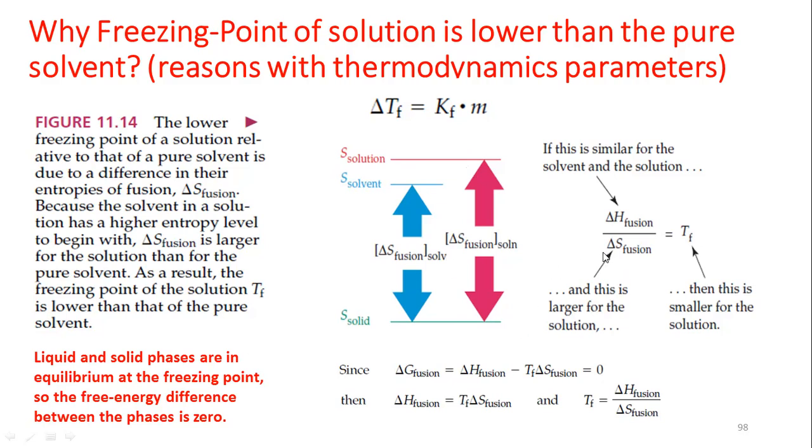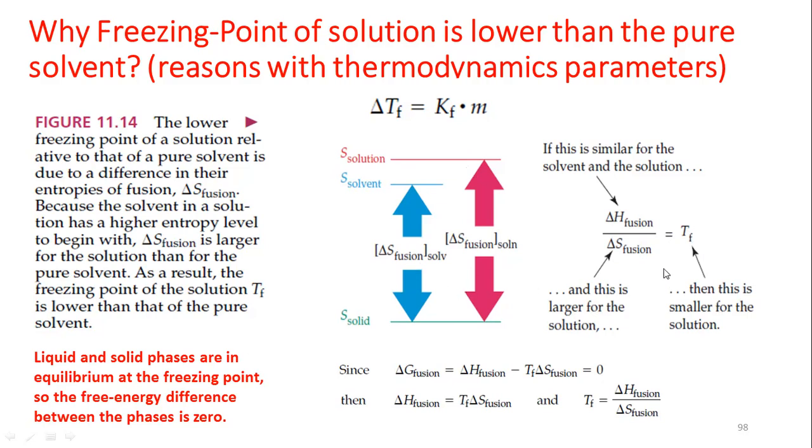This is larger for the solution, and if this is large, this would be less, and this is the freezing point, and this is smaller for the solution, and now this is called the freezing point depression, or the lowering of the freezing point of the solution as compared to the pure solvent.